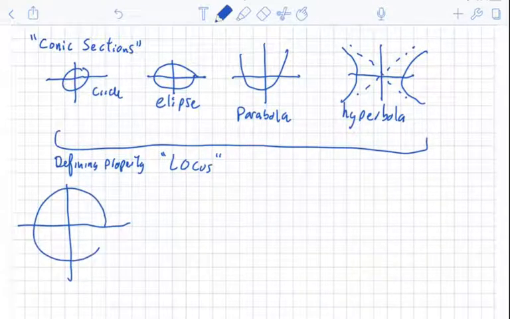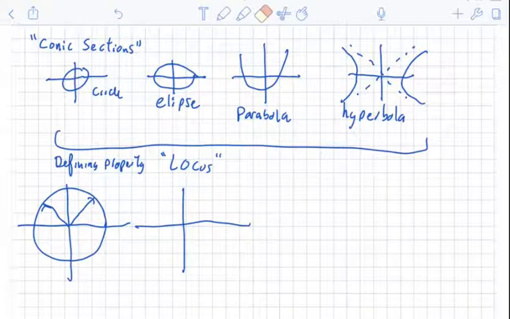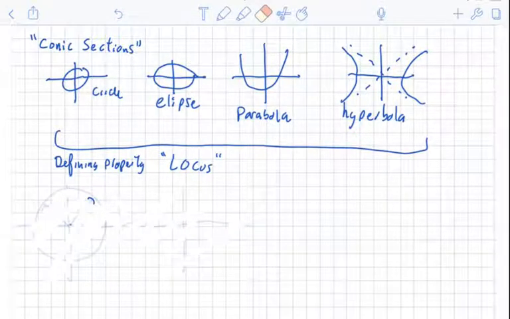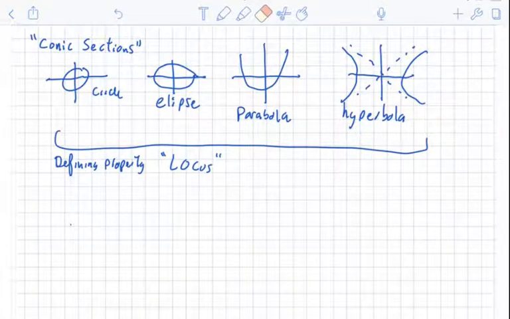Locus, which is essentially what all the different points on our curve have in common. So a circle is all the different points that are the same distance from the middle. And so you can draw one with a compass. An ellipse has two places called focuses. So for an ellipse, you have two points, called the focuses, and then you take a string.